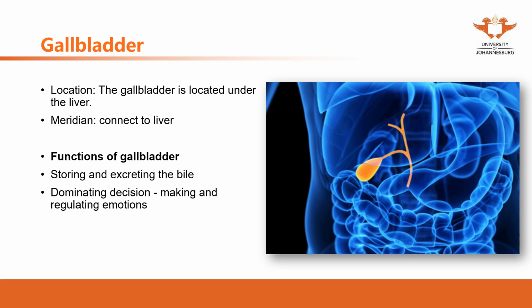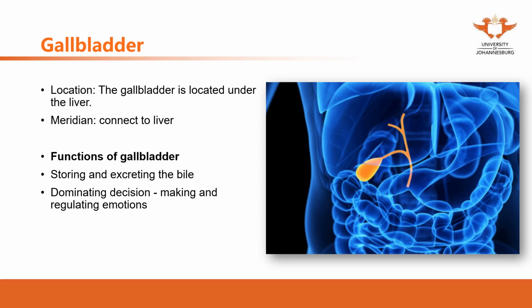That's why it's considered as an extraordinary organ. But the gallbladder is also hollowed inside, and it receives the bile from the liver qi. So the liver qi transforms into bile and is stored in the gallbladder.